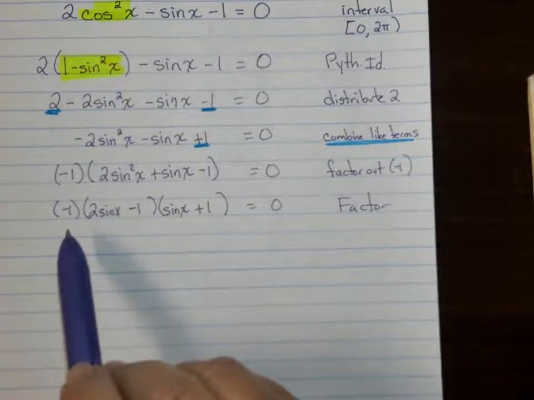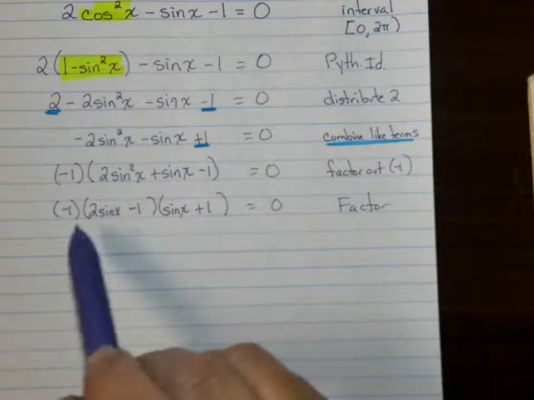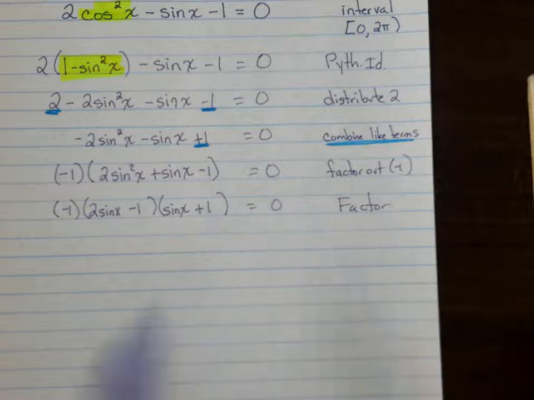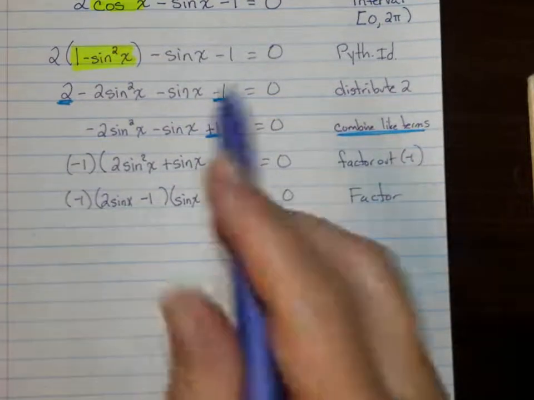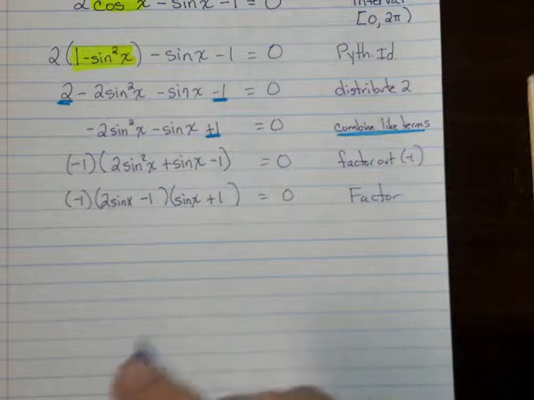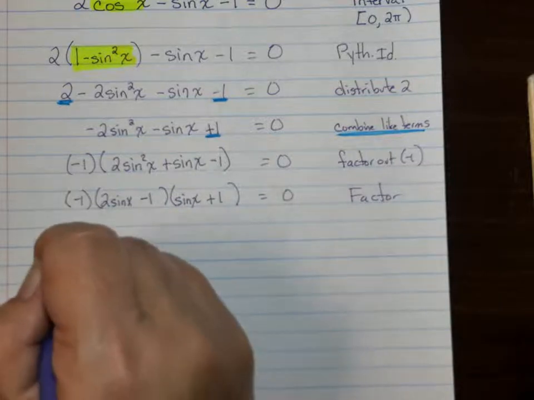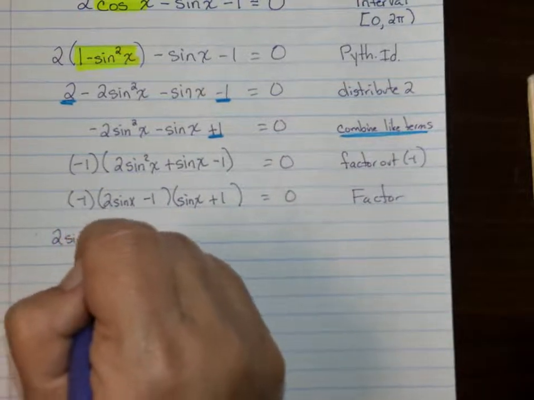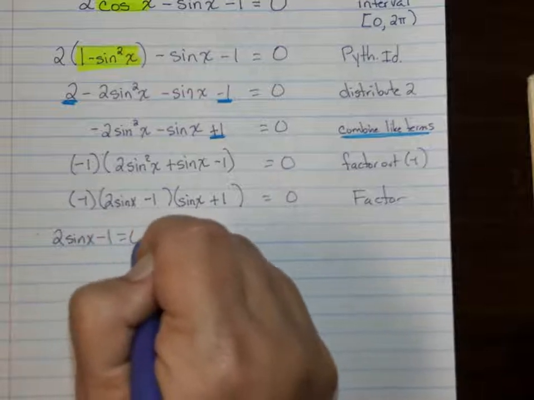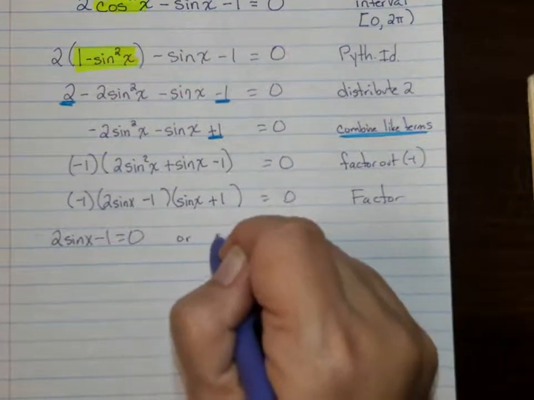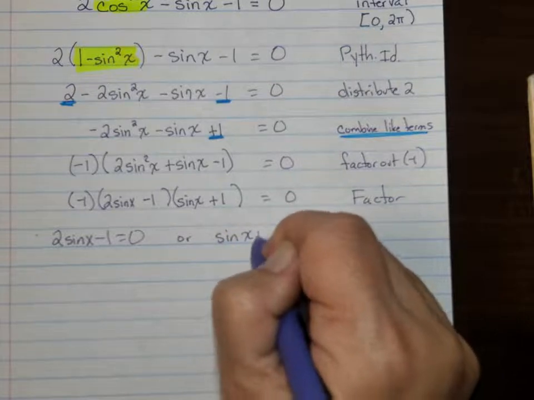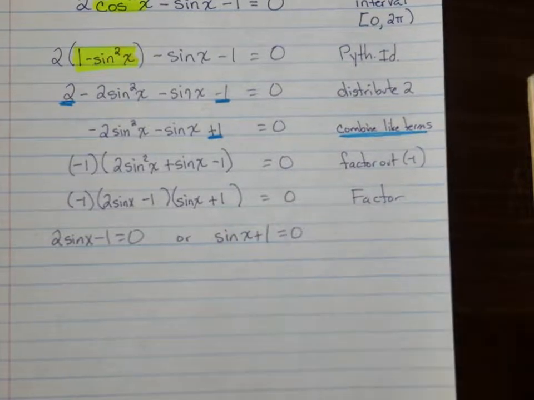And so now I have factors being multiplied together and equaling 0, so therefore one of my factors is 0. Well, negative 1 isn't 0, so we're done with that. But 2 sine x minus 1 may sometimes equal 0, or sine x plus 1 may sometimes equal 0.